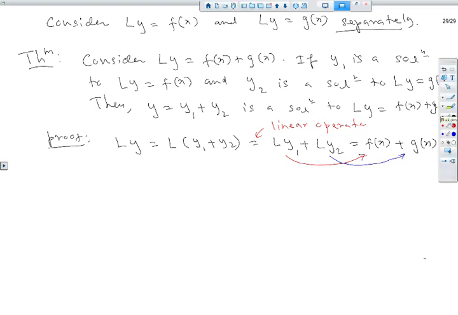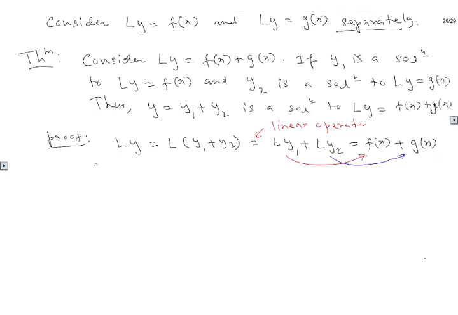So this implies that y equal y1 plus y2 is a solution to Ly equal f(x) plus g(x).